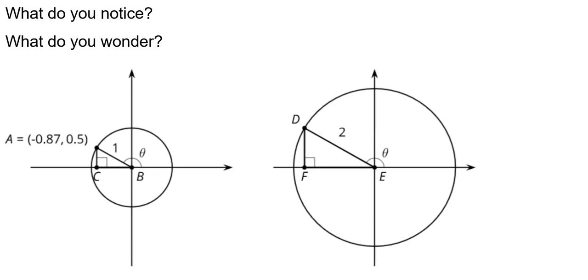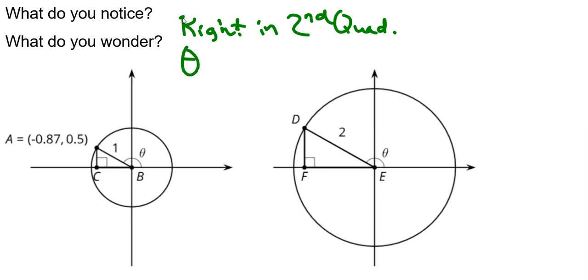All right, so some possible answers you could come up with is that in both circles you have a right triangle. In the second quadrant, the angle measurement appears to be, theta, appears to be the same.